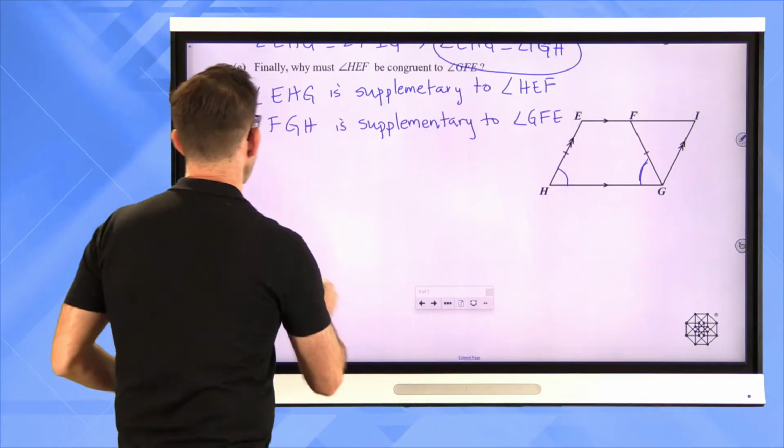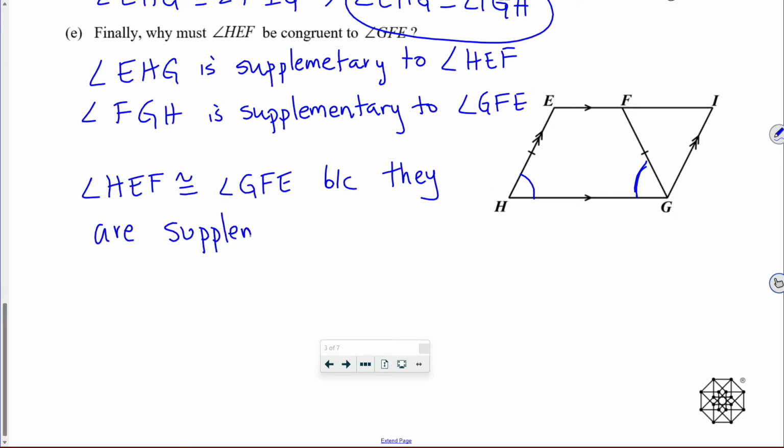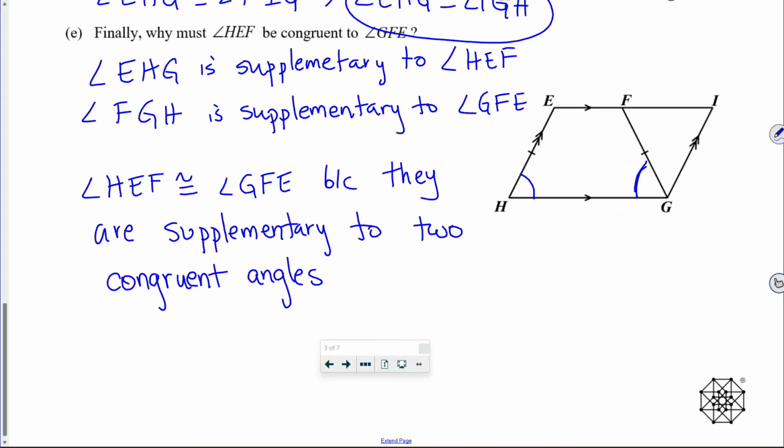So at the end of the day, angle HEF must be congruent to angle GFE because they are supplementary to two congruent angles. Right?